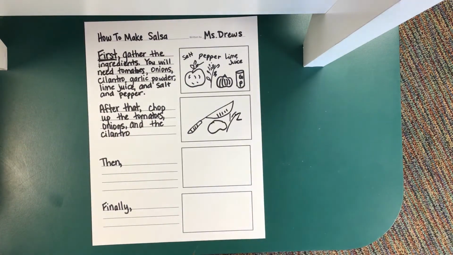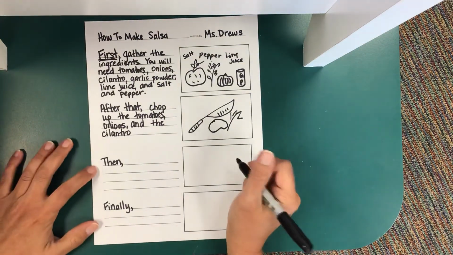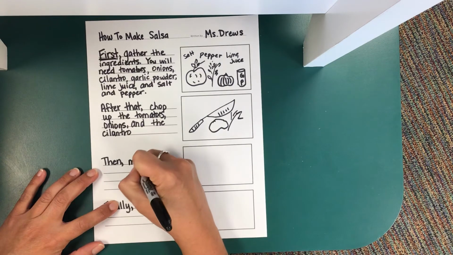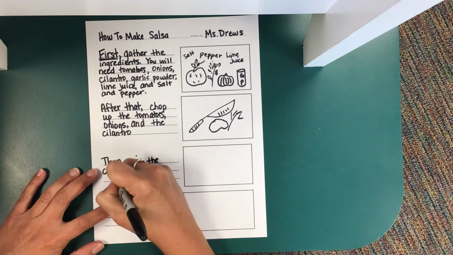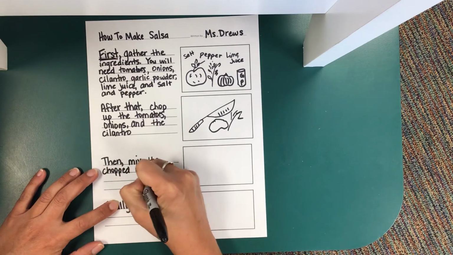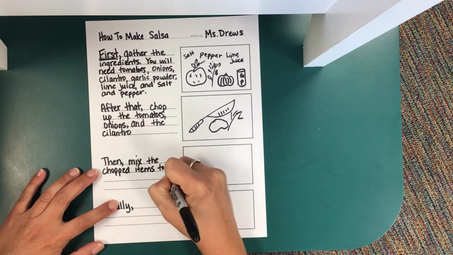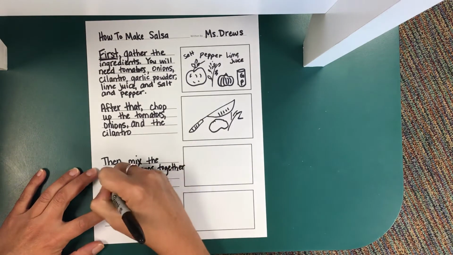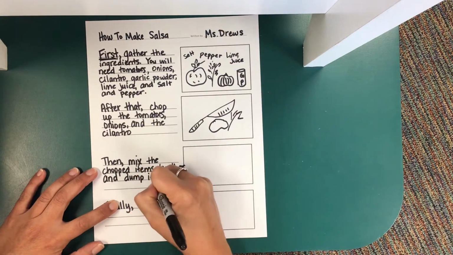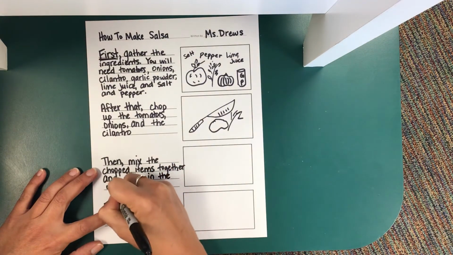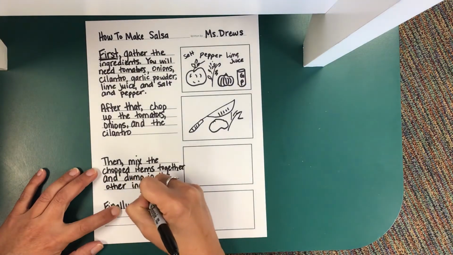After I'm done with that, I put everything in a bowl and I mix it together. And then I dump in all of the other stuff, like the salt and the pepper and the garlic powder and the juice. So I'll then mix the chopped items together and dump in the other ingredients.